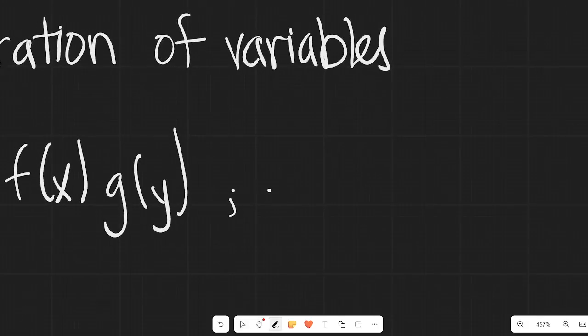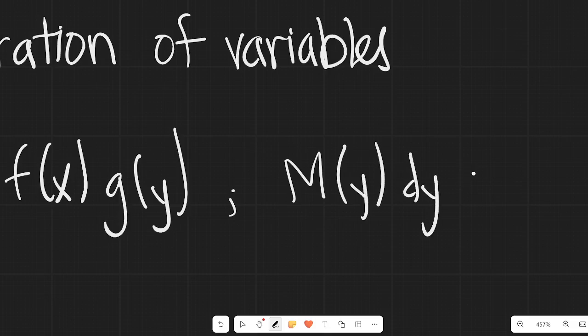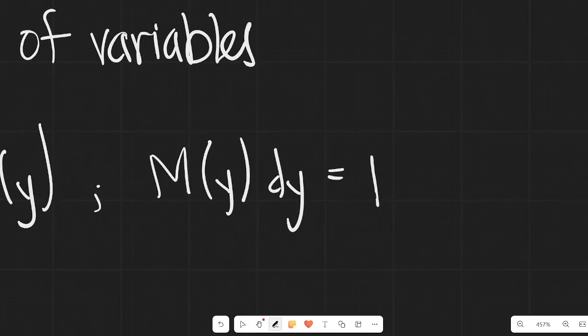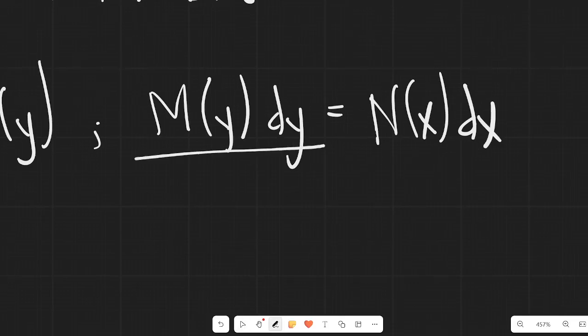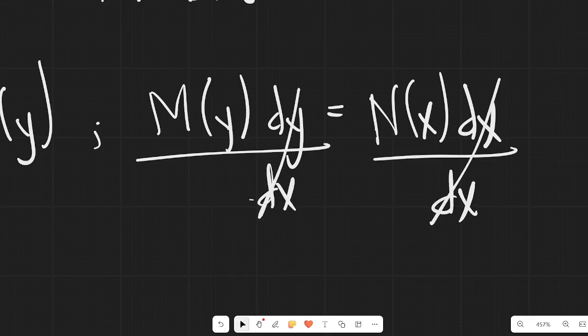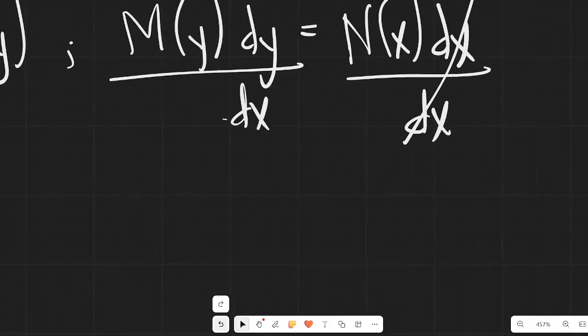Equivalently, if it takes this form, because what we can do is just divide both sides through by dx, and then divide also by m of y, we end up getting dy/dx, which I think we did in a previous video.